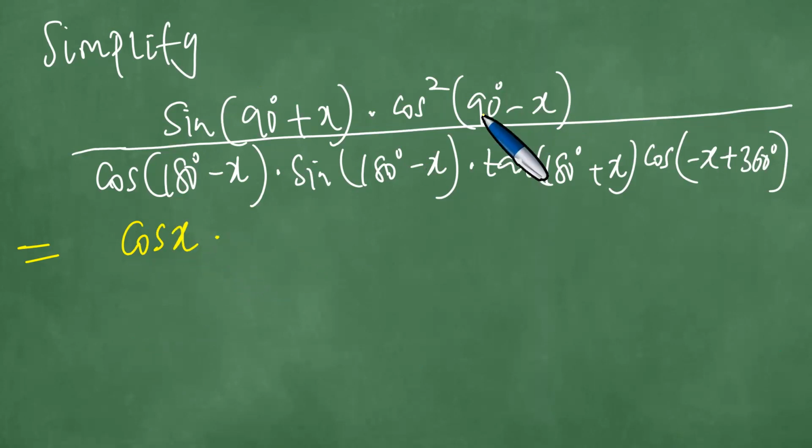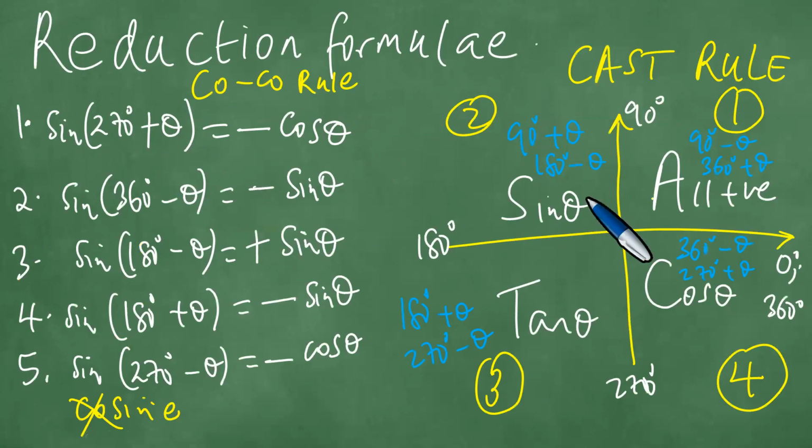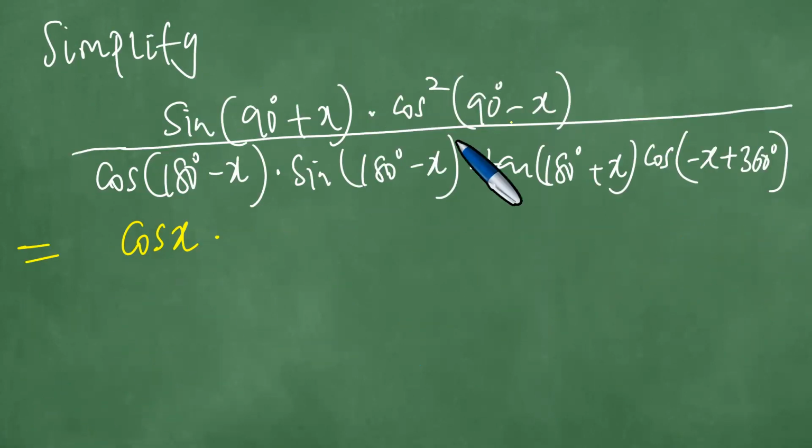Right. 90 degrees minus x, in which quadrant is it? 90 degrees minus theta is in the first quadrant, where everything is positive. So the answer is going to be positive, but the co-rule applies because of the 90 degrees.